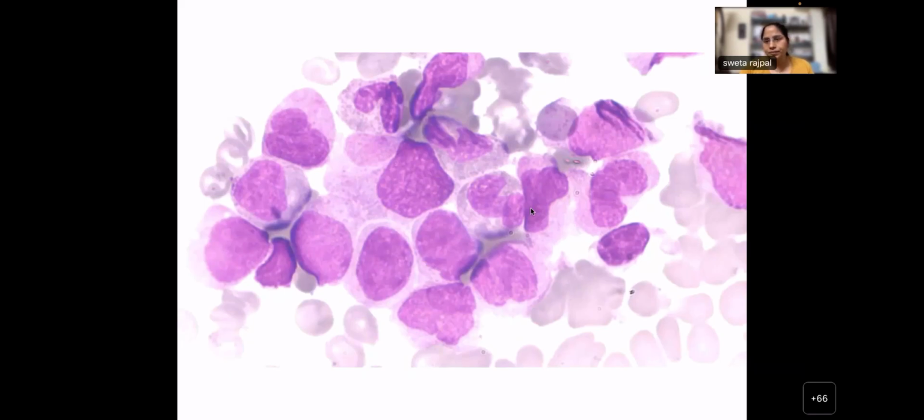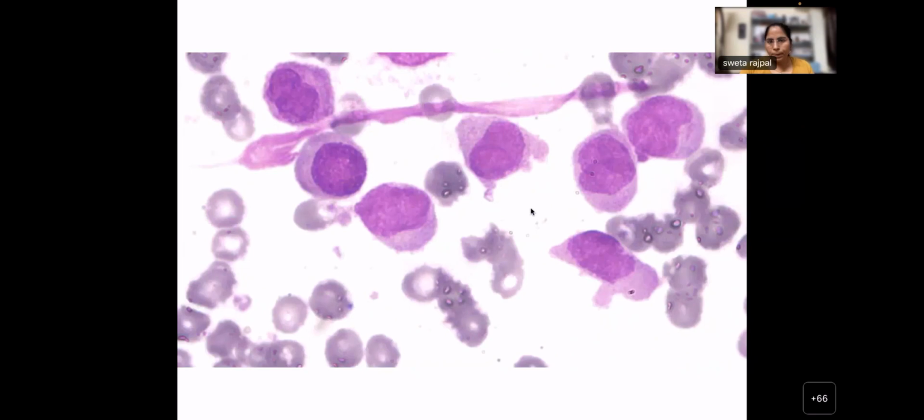Ma'am, here we can see that some blasts are increased. Very good. And what about this kind of cells? How do you define this?